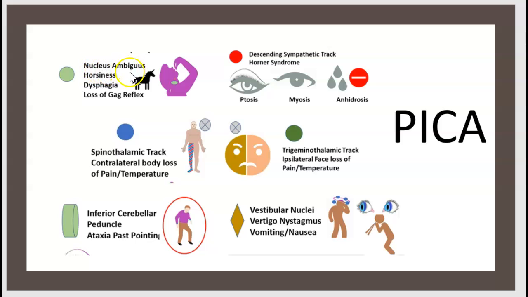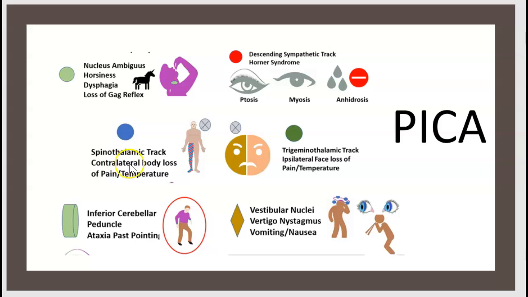Nucleus ambiguus, spinothalamic tract, inferior cerebellar peduncle, vestibular nuclei, trigeminal tract, and Horner syndrome. Let's start with Horner syndrome: ptosis, miosis, anhidrosis. Nucleus ambiguus: hoarseness, dysphagia, and loss of gag reflex.